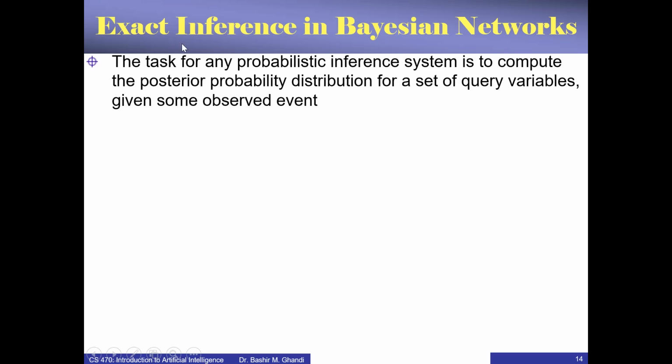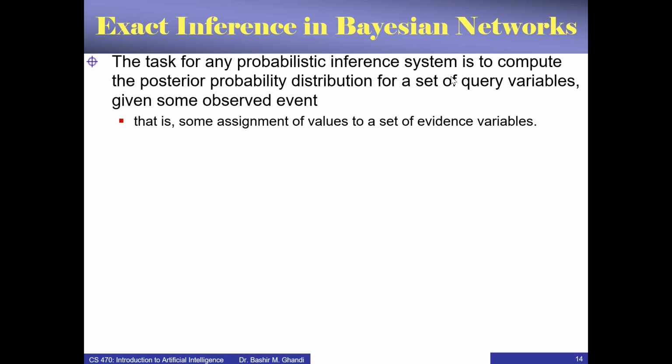So the task for any probabilistic inference is to compute the posterior probability distribution for a set of query variables given some observed event. That is, to be able to assign values to a set of variables based on this observed event.